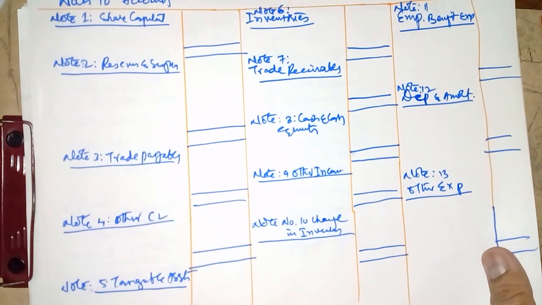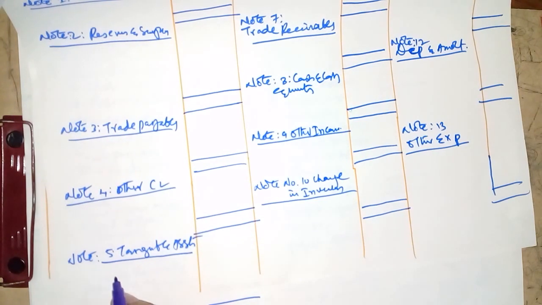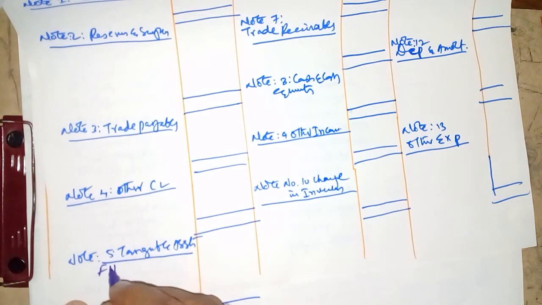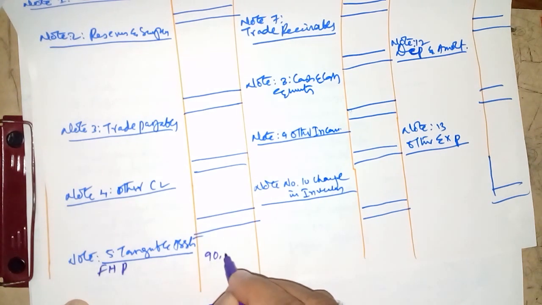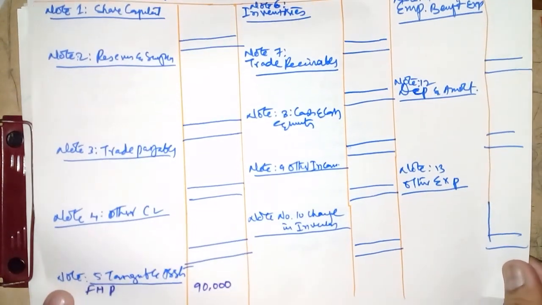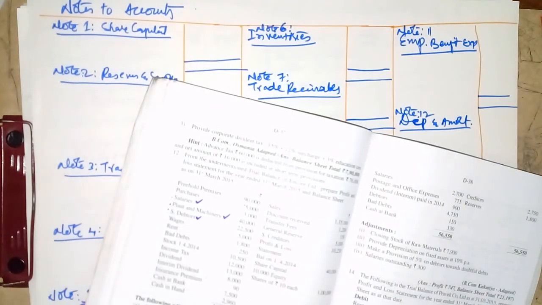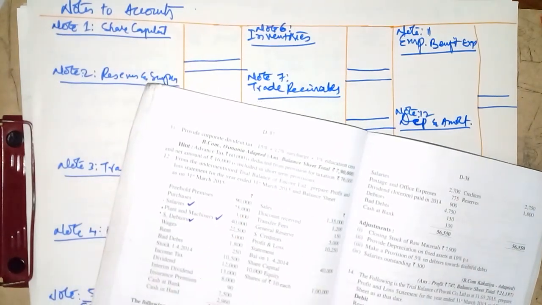So tangible asset here, right? So we will write here freehold premises. Freehold premises is 90,000. Directly we are writing under tangible asset freehold premises, right?